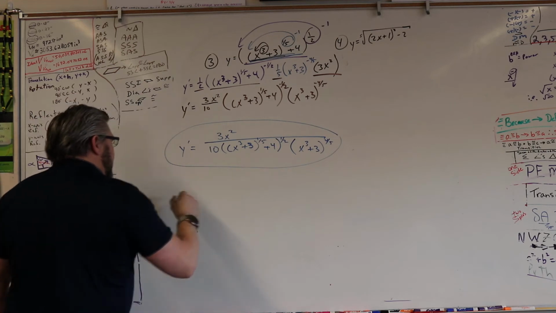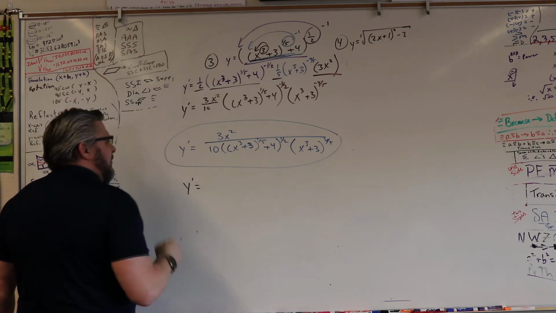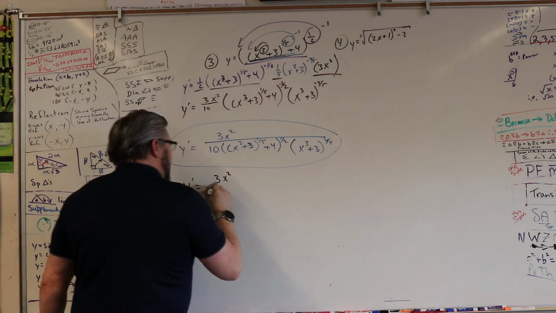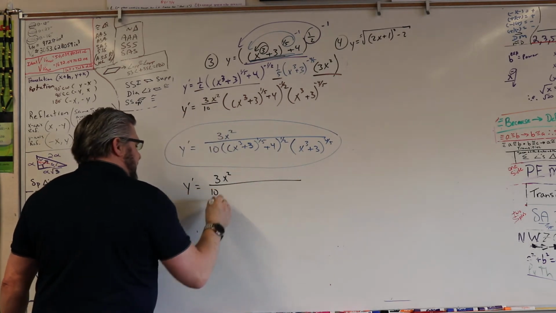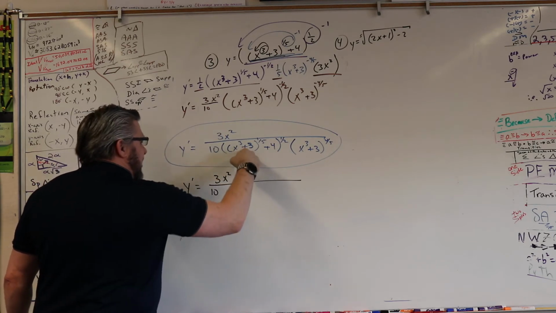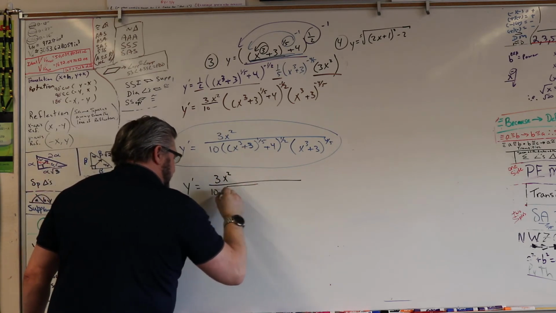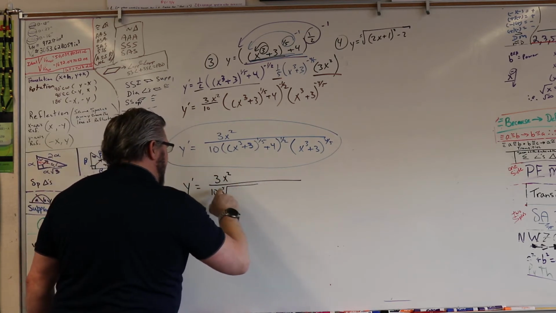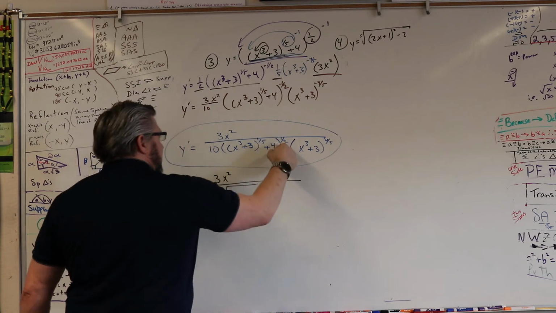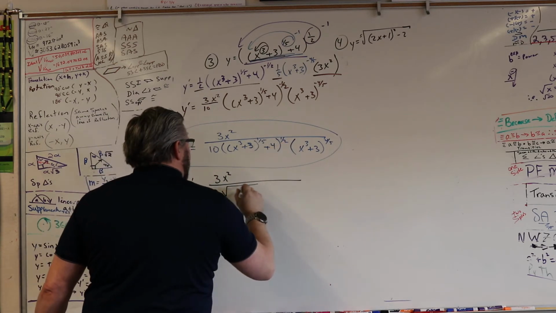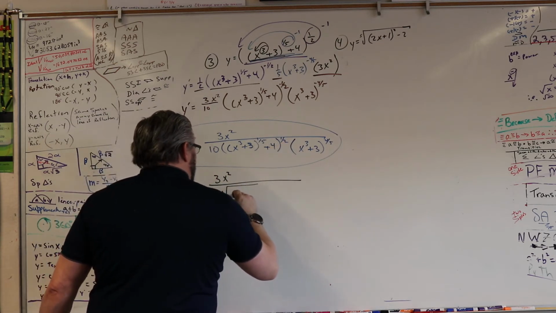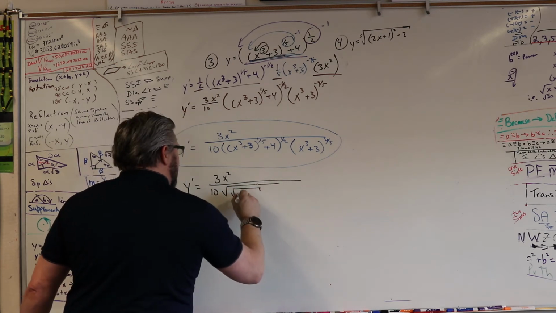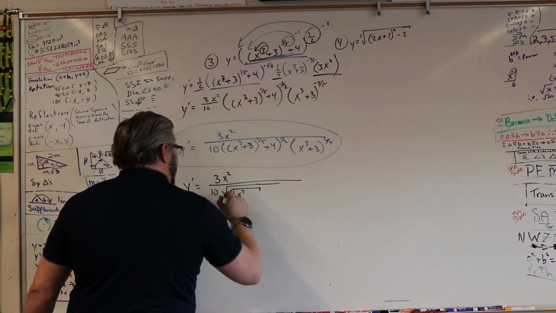Okay? So, just so you know, if I ask you to put it back into radical form, then you're going to have 3x squared all over 10. And then here's where your radical comes up. The fifth root of, the square root of the fifth root of x cubed. So we have to have 5 there.